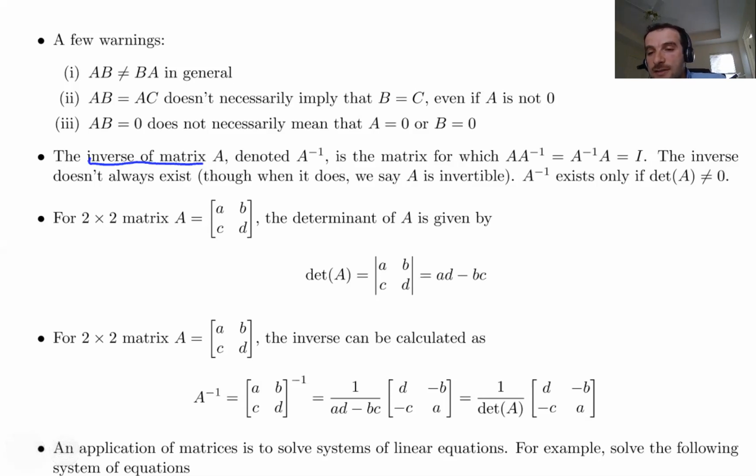Do all matrices have an inverse? No. There is an inverse of a matrix if and only if the determinant is not equal to 0. So what is the determinant? Let me show you.